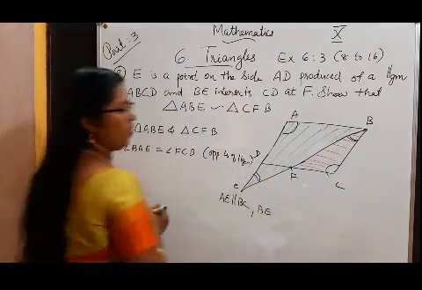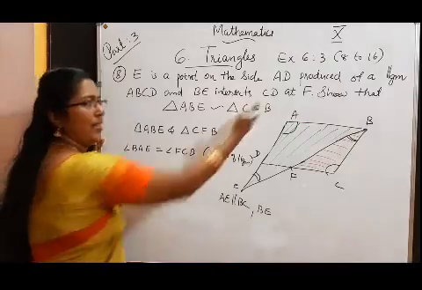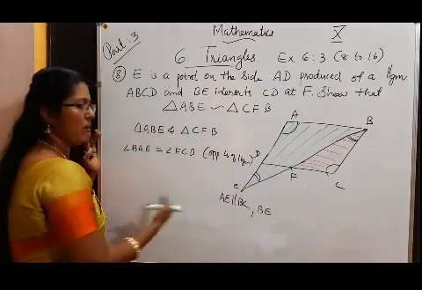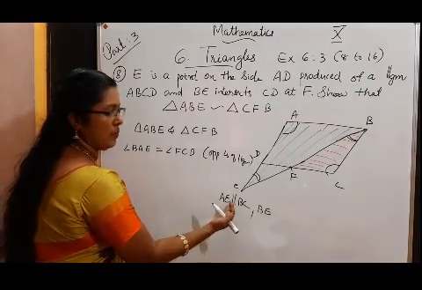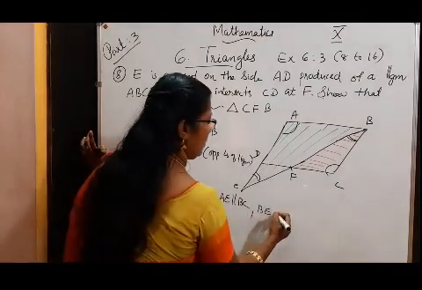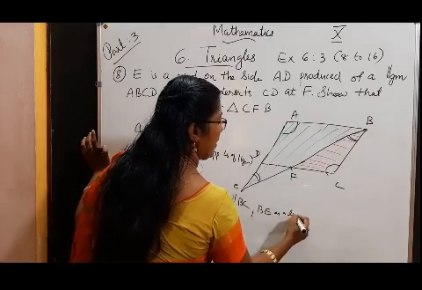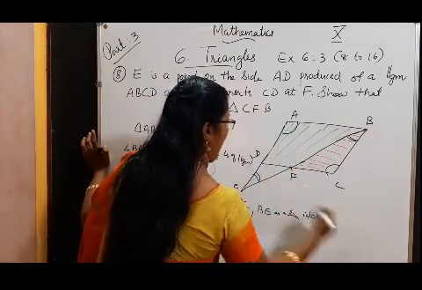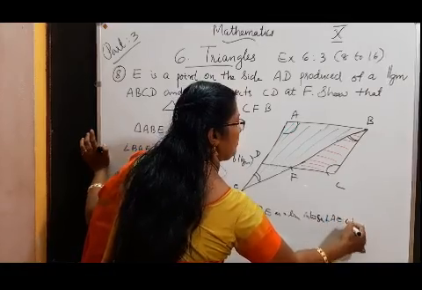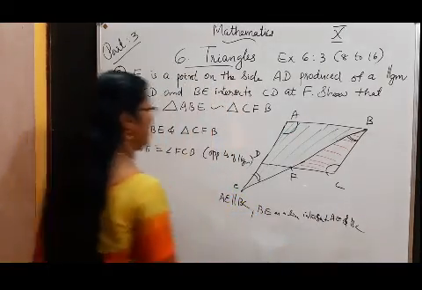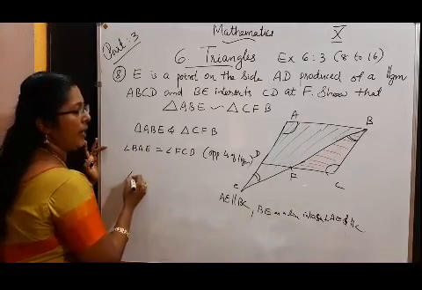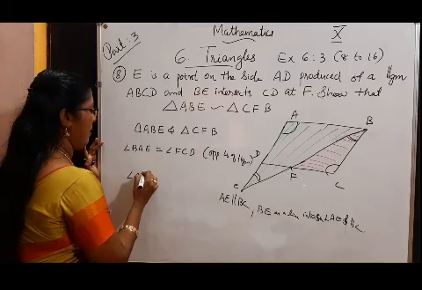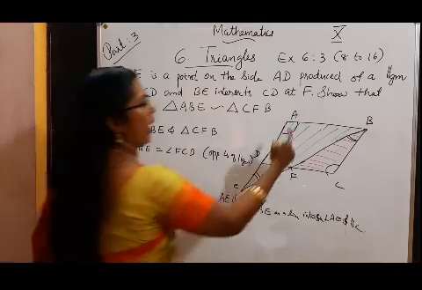When two parallel lines are cut by a transversal, alternate interior angles are equal. So we can write angle AEB equal to angle FBC.